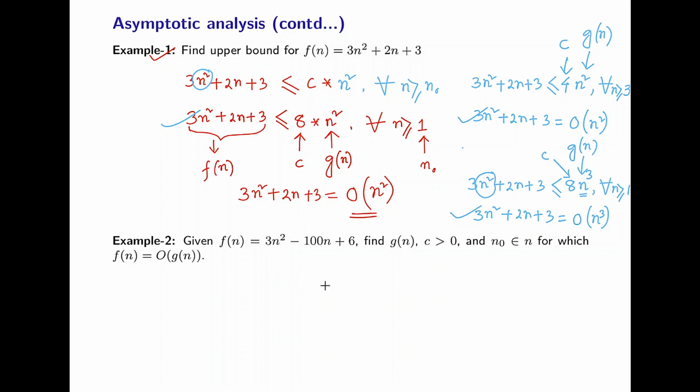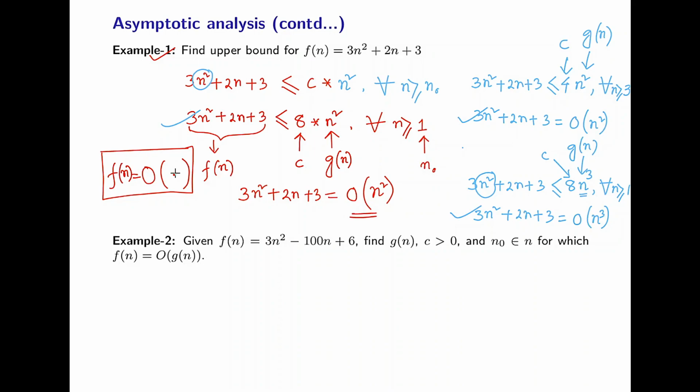Now, a very important point I'm going to discuss here. So please concentrate. If I am saying that f(n) is equal to big O, you can write any term that is equal to f(n) or greater than f(n).